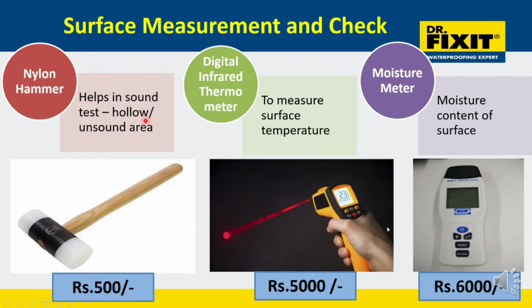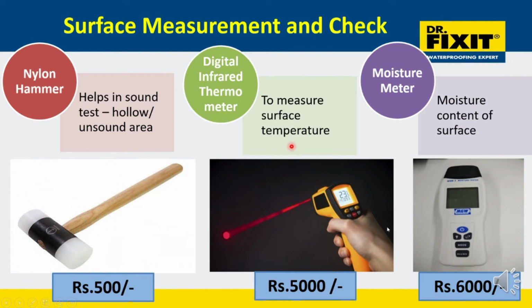This will help in a sound test to find hollow, unsound areas, so that proper surface separation can be done for a quality waterproofing coat. The approximate cost of this is around 500 rupees. I'm just giving you an estimated cost so that you can get an idea. Digital infrared thermometer. As shown in the picture, this is a digital infrared thermometer which is used to measure surface temperature.